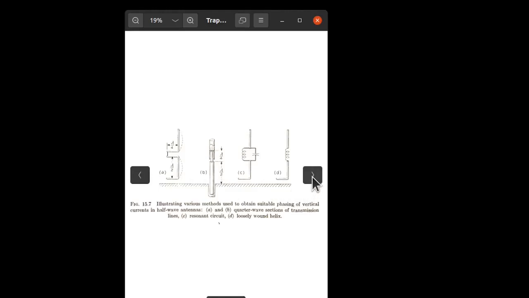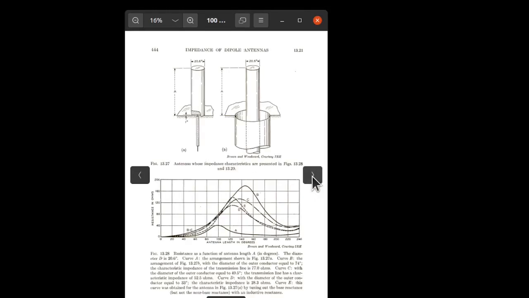So let's see, is that the last graphic? Yes. So we'll return to the ham shack, and that was a rapid-paced introduction to quite a variety of antennas from 100 years ago.